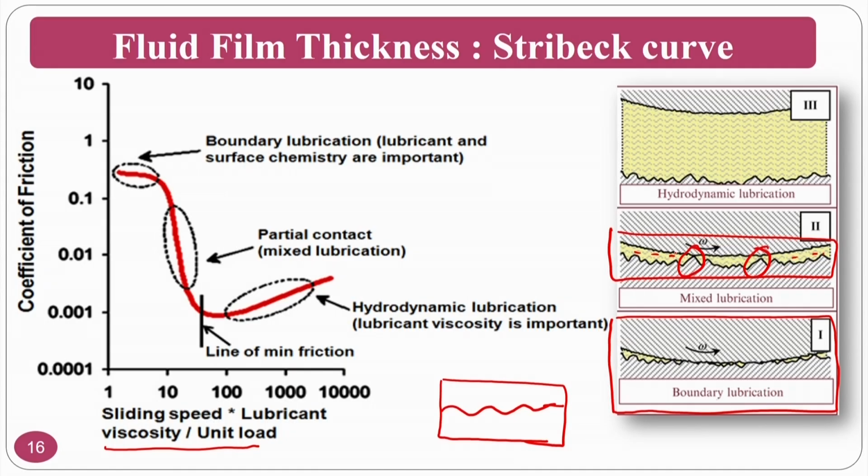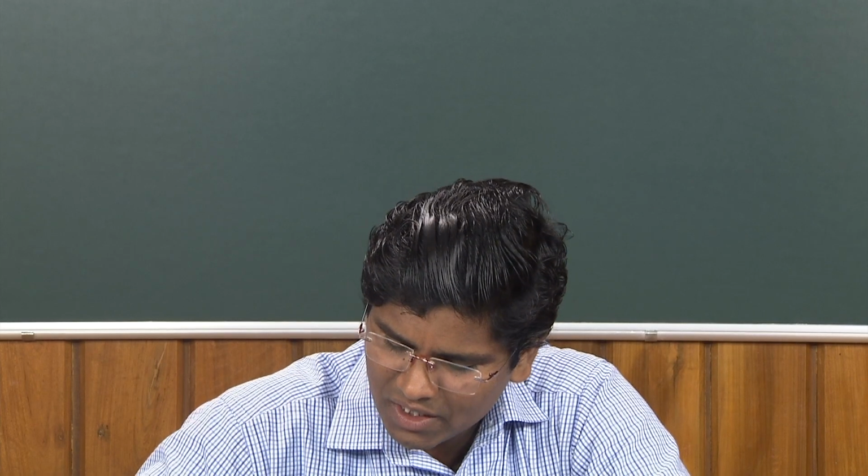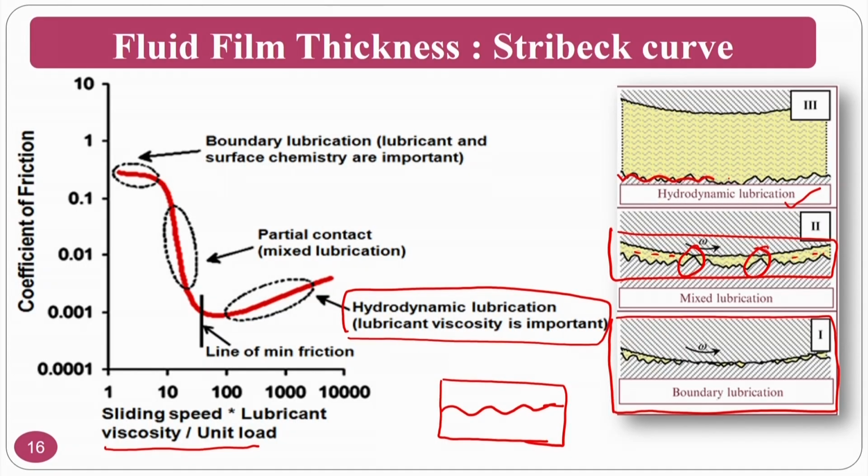In the hydrodynamic lubrication, you do not have contact, no contact. Elastic emission machining works in the hydrodynamic lubrication region, where your workpiece is at the bottom and your tool is at the top. You do not have any contact, and you place the abrasive particles, along with the carrier fluid.